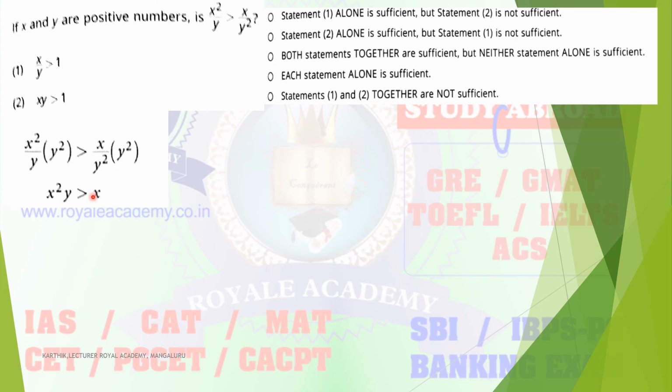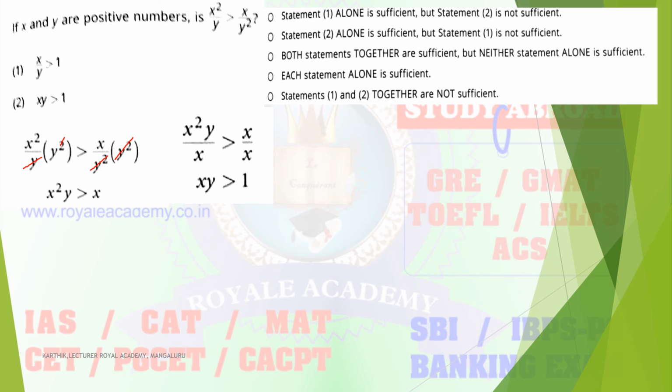This is what you are getting. Further you divide by x. What happens? One x and one x cancel each other. Here y square and y square cancel each other, and one y and one y cancel each other.